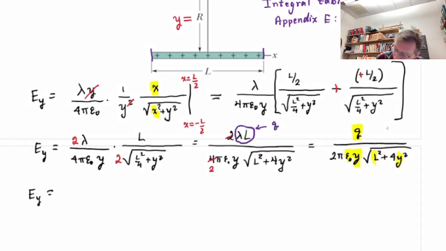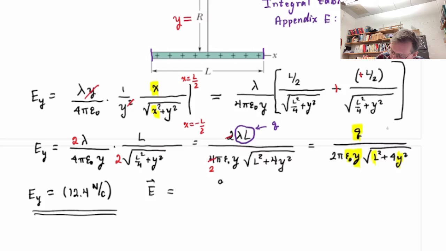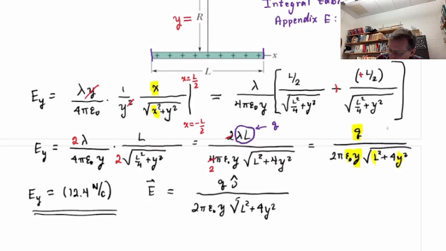E sub y equals 12.4 Newton per Coulomb. If you want to put this in unit vector notation, you would write it as E arrow equals Q times j hat over 2 pi epsilon 0 y square root of L squared plus 4y squared. Okay, so you can also think of it that way.